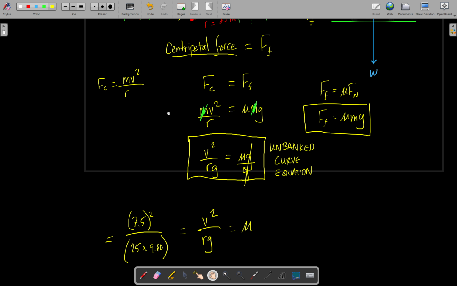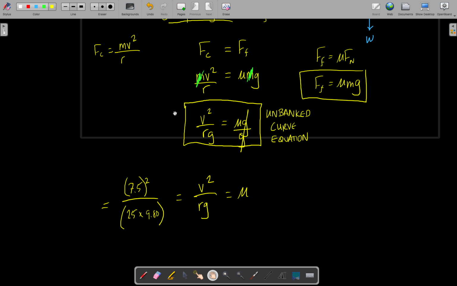Okay, so 7.5 to the second power divided by 25 times 9.80 gives us a total of 0.22959. It just keeps going.